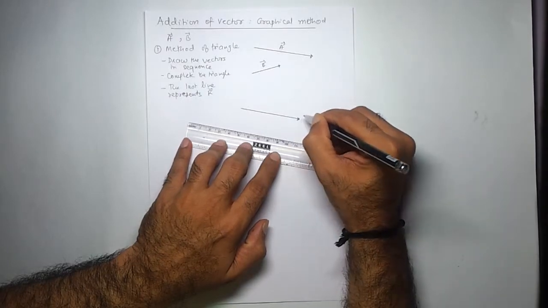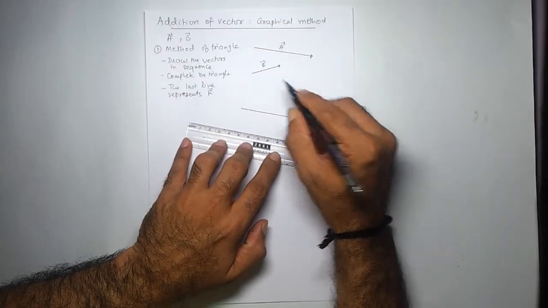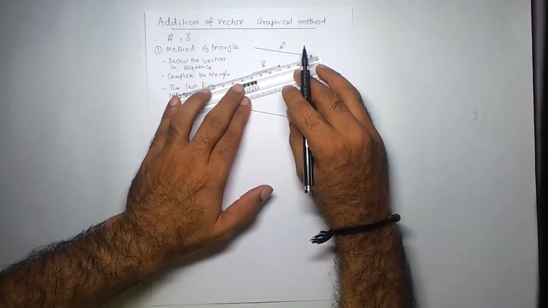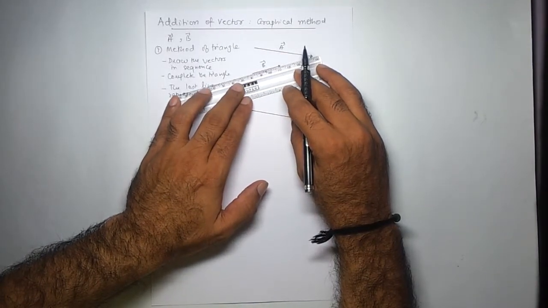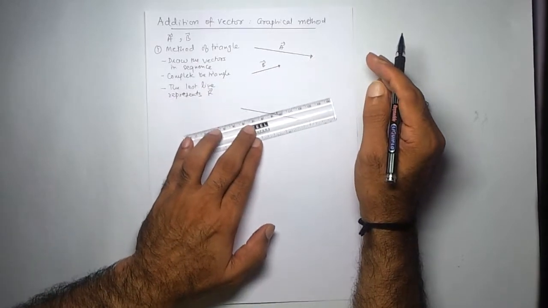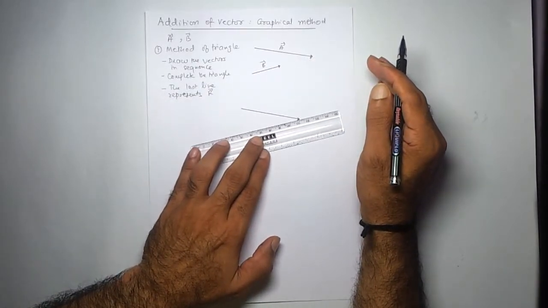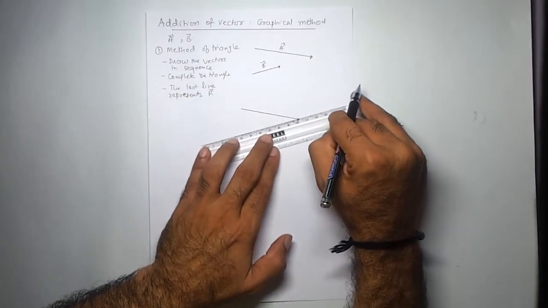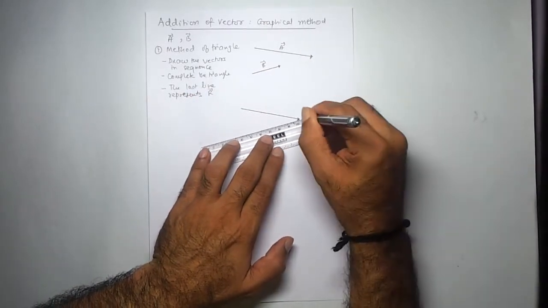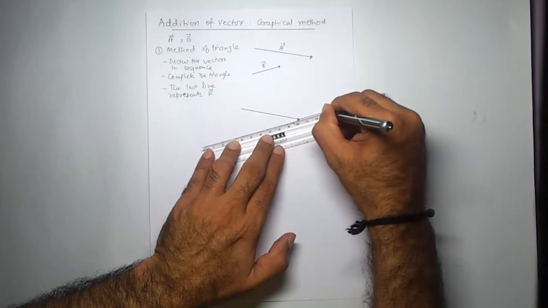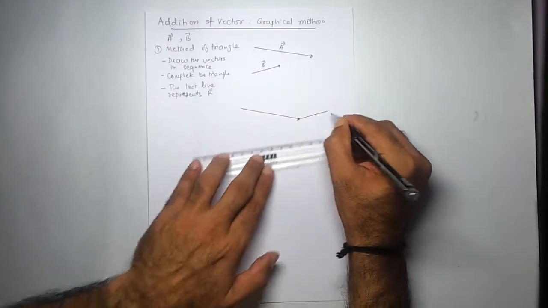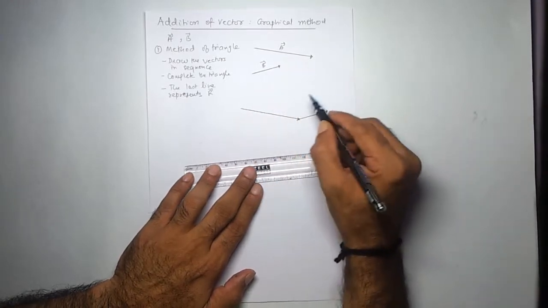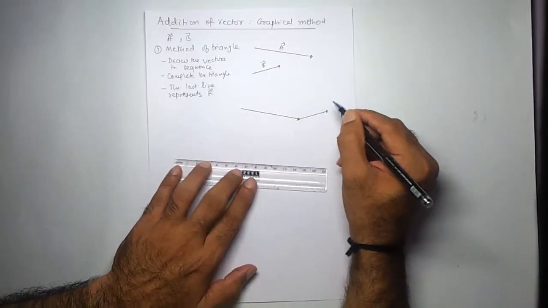From the tip of this vector, I will draw vector B. Of course, I have to take care of direction, so let me once again cross check. Yes, this is vector B. I have drawn vector B in this direction and with the same magnitude. So I have got vector A and vector B.